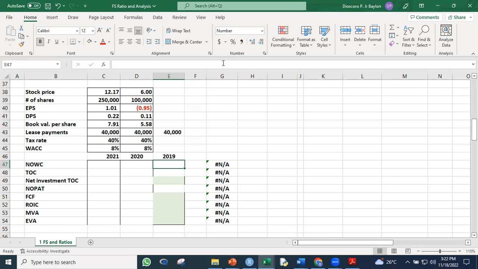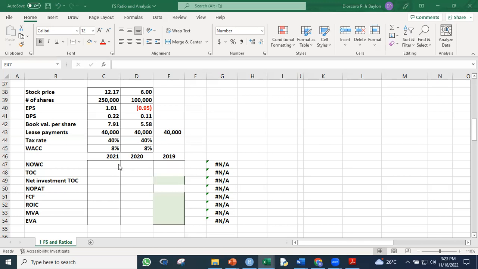What's taking it too long, guys? Rafi, may question ka? Yes, Raf? Sir, I was able to calculate it by doing total current assets minus total current liabilities. Can you copy your answers and then put it in the chat box so that we can see? Also, RV also, please.